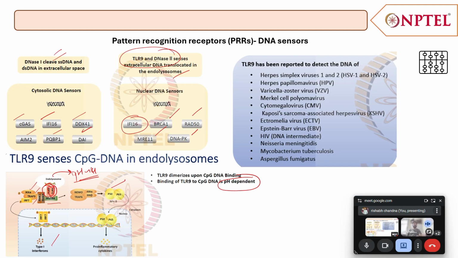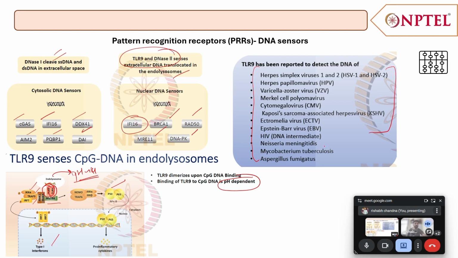Now, it has been seen in the literature that TLR9 can easily detect the DNA of certain viruses, bacteria, and fungal molecules. Some of the viruses are mentioned here.